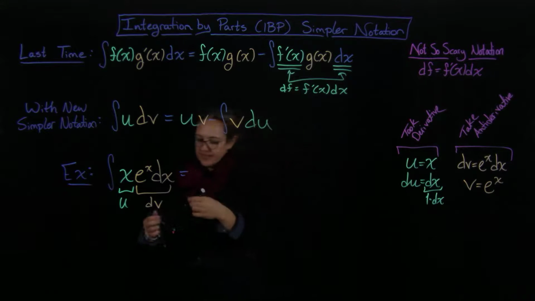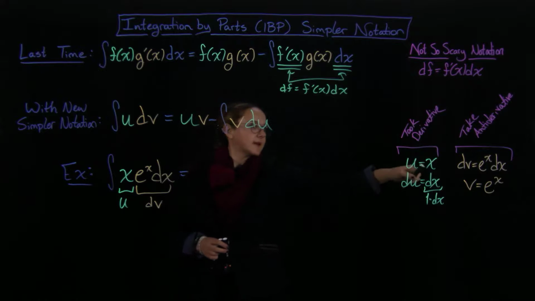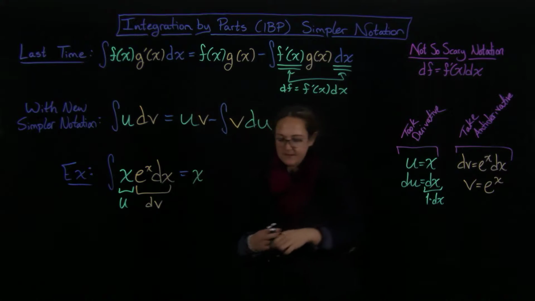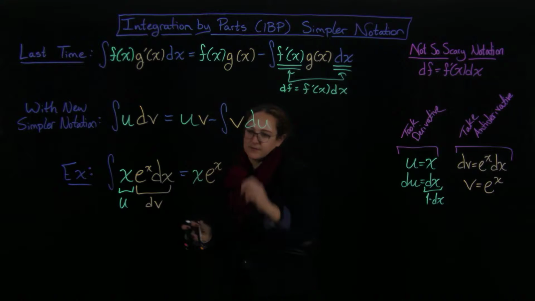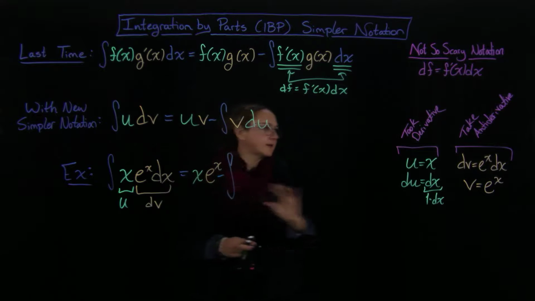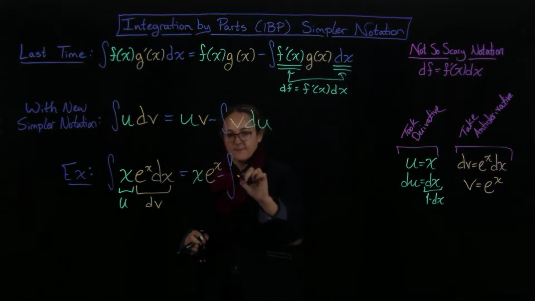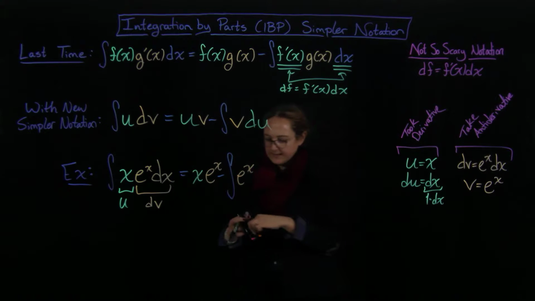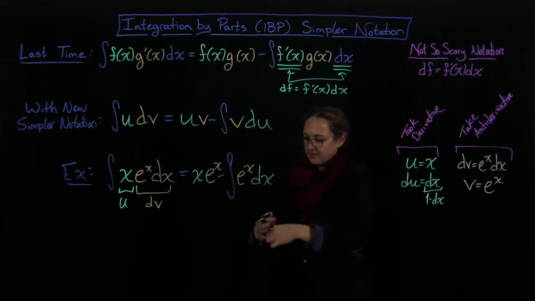Okay, so now we can just put that in. We want our u, we get that from there, and that's x. We want our v, we get that from there, it's e to the x. And then we want to subtract off the integral of v, so that's e to the x, and then our du, which is just dx. And then you can go ahead and keep going and integrate this.